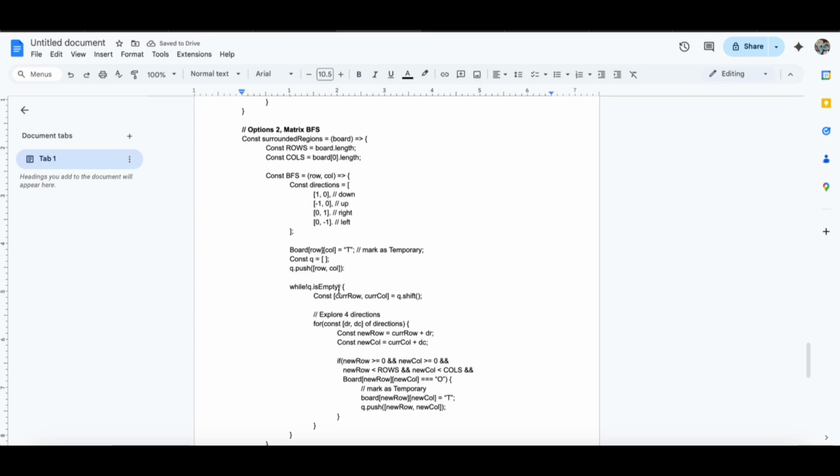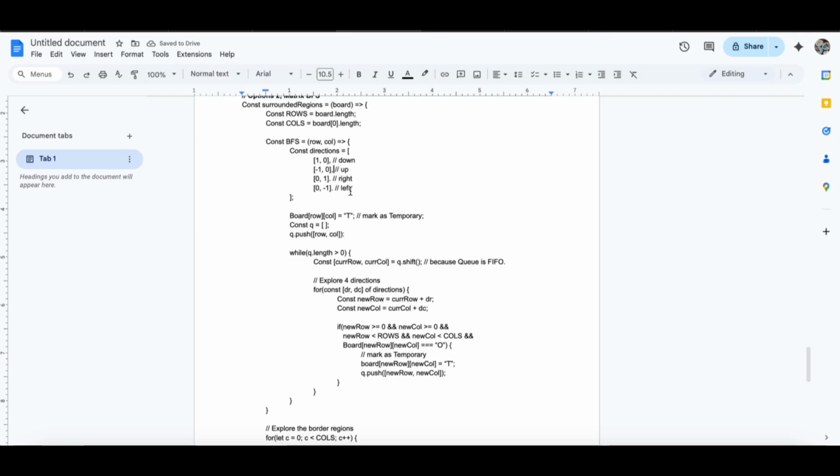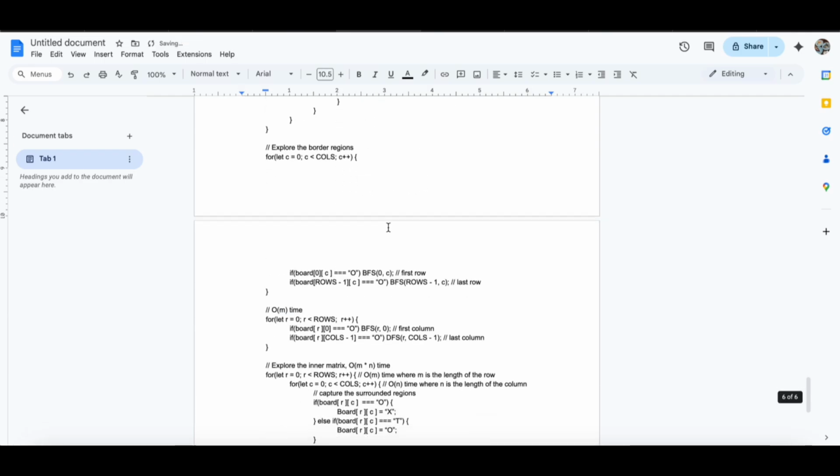Then you just need to while q.length is bigger than 0, then you will just do this. And because q is first in first out, you need to use shift, because q is FIFO. This should be a comma. I think like this.